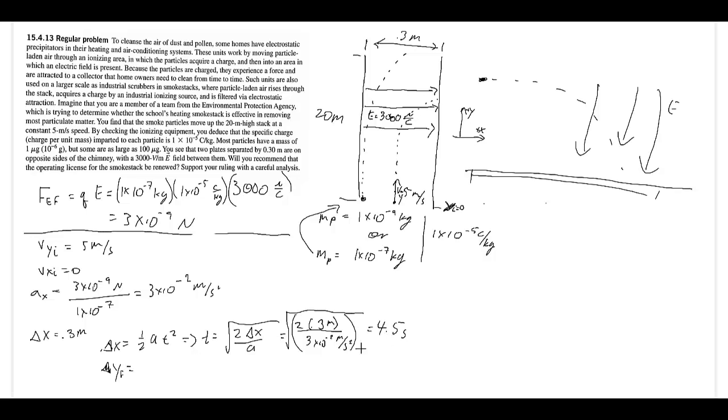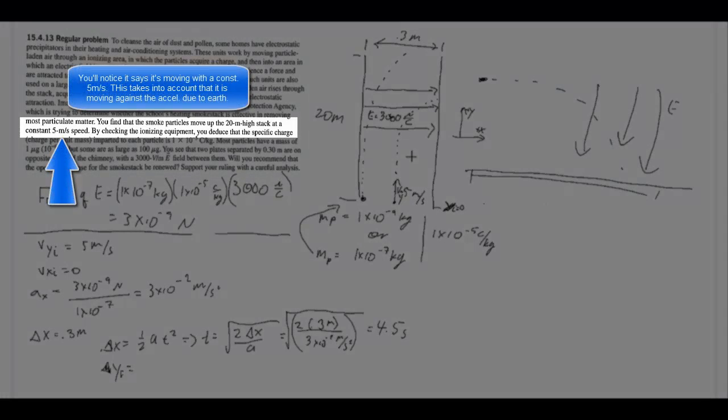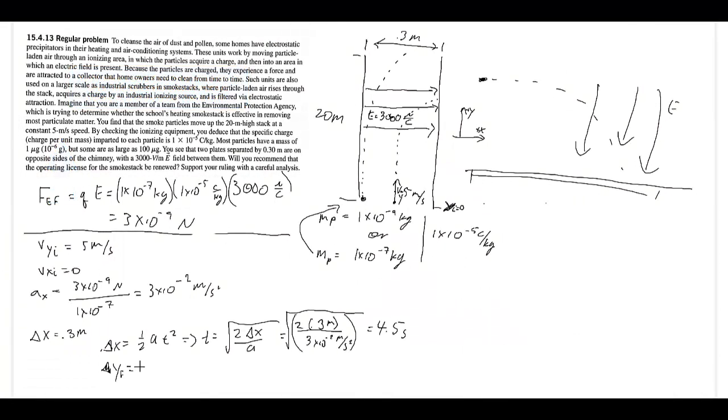All right, now that we have the time, we can plug that into our delta y equation. In this case, again, I'm still assuming that this is going to be a constant velocity. Delta y is just going to be y initial, which we'll say is 0, plus v initial t. In this case, v initial was 5 meters per second, and t was 4.5 seconds.